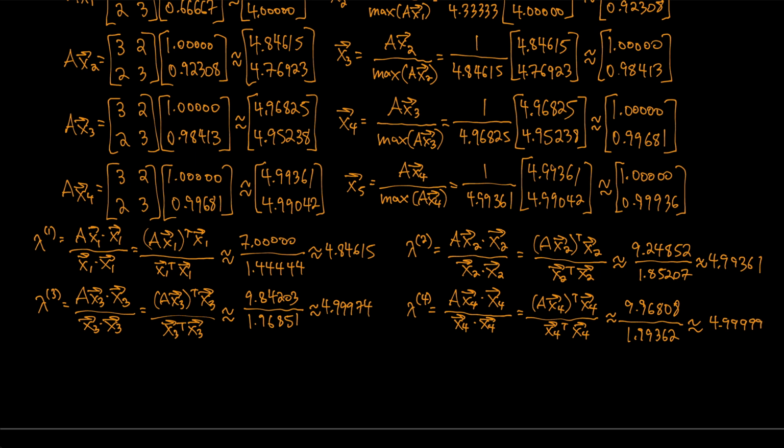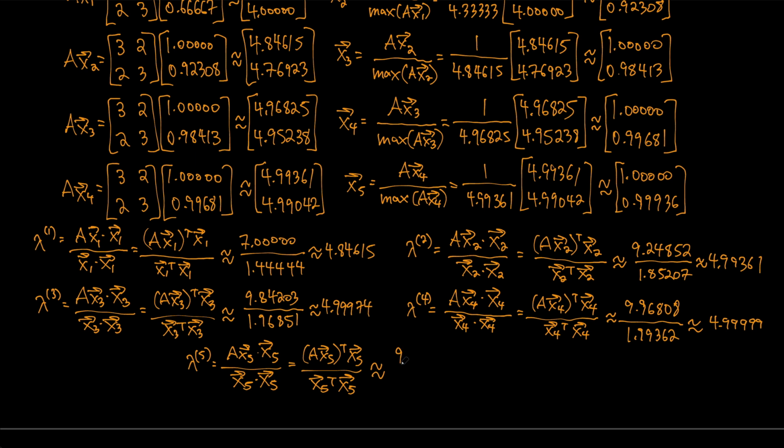And for our last one, lambda 5, that's AX5 dotted with X5 over X5 dot X5. So that's AX5 transpose X5 over X5 transpose X5.